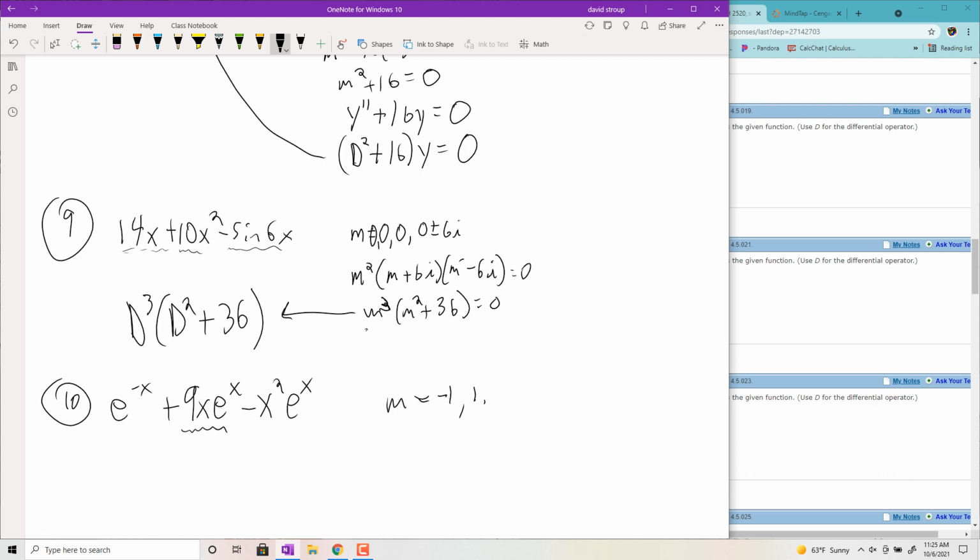So I need 1 for the original and then 1 for the repeat, and then another 1 for the x squared. Again, the coefficients don't really matter. So I would have had m plus 1 for the -1 times m minus 1 for the 1s, and that would have been cubed. So the annihilator should be d plus 1 times d minus 1 cubed.